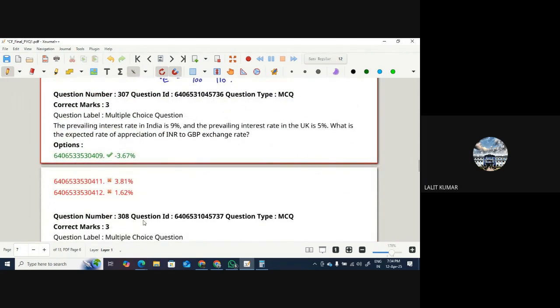Next question. The prevailing interest rate in India is 9%. The prevailing interest rate in the UK is 5%. What is the expected rate of appreciation of the INR to GBP exchange rate?